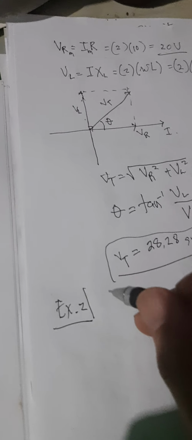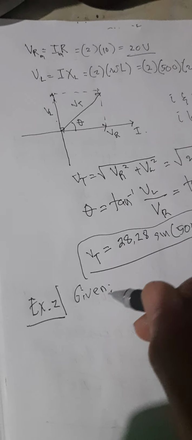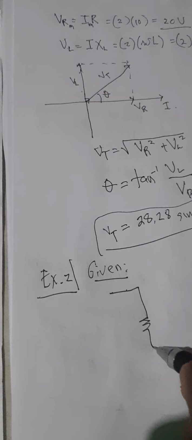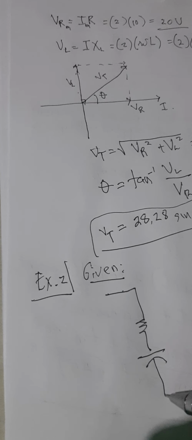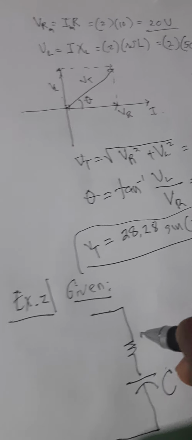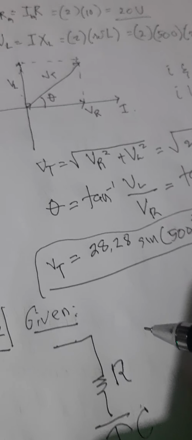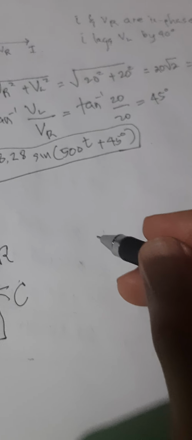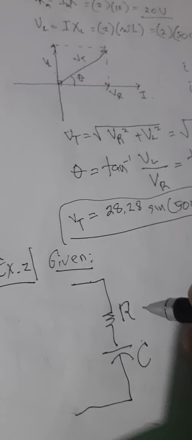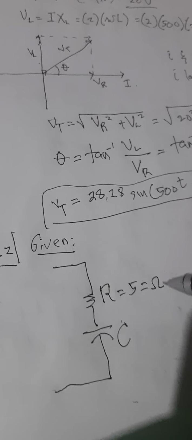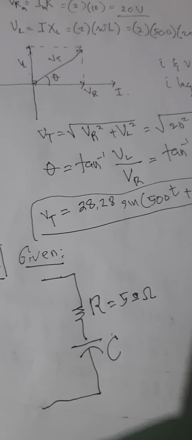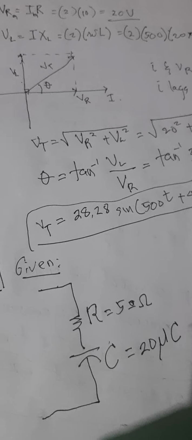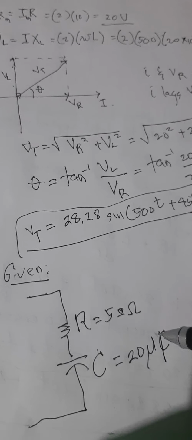Okay, sa example to naman, given naman yung circuit na capacitive where resistance is connected in series with a capacitor, let's say R equals 5 ohms, and C is 20 microfarad.